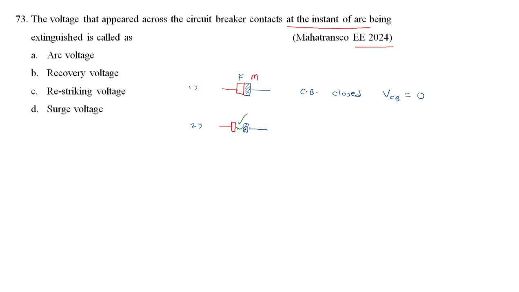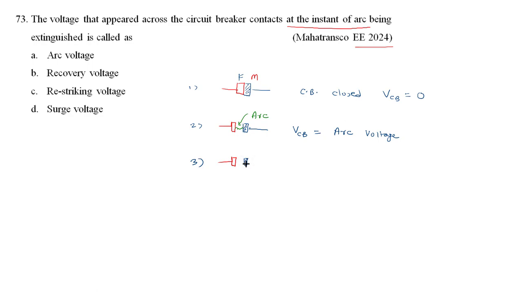So this is the arc. Now the voltage across the circuit breaker contacts when arc is present is known as arc voltage. So voltage across the circuit breaker when arc persists across the breaker contact is called as the arc voltage. Now next, after some time or at the instant of arc being extinguished, means arc is not completely extinguished but it is about to extinguish the arc.